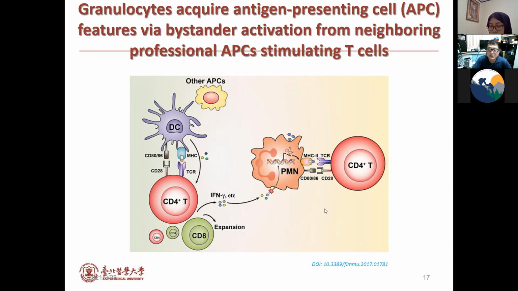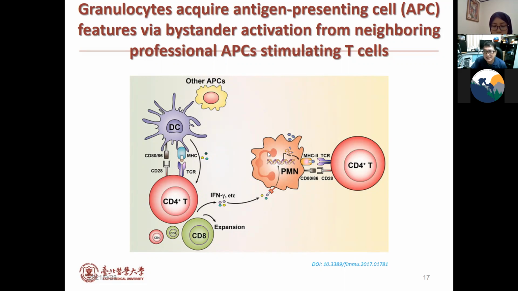Okay, so that's the T helper cells, CD4 T cells. You have to know the different functions. MHC class 1 is for CD8, MHC class 2 is for CD4. CD8 T cells are cytotoxic T cells.